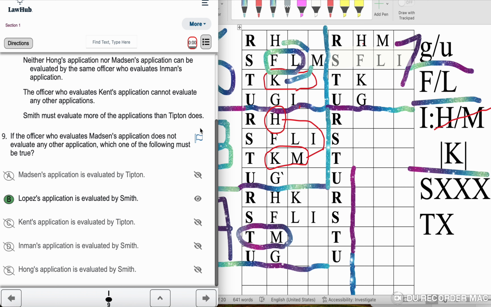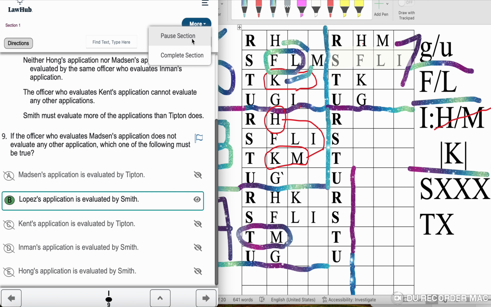So the final answer here is going to be L with Smith. Go ahead and choose that as the answer. Answer B, L application is evaluated by Smith.